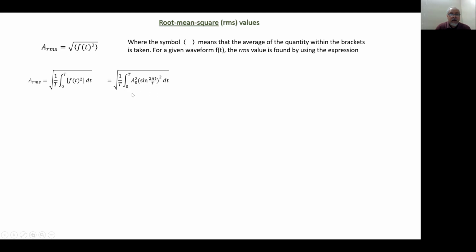Imagine that we're dealing with, again, the sine function. It's going to be 1 over the period times the integral from 0 to T of the sine function squared, dt, correct? When we do the integral, of course, we get that this is equal to the amplitude divided by square root 2.